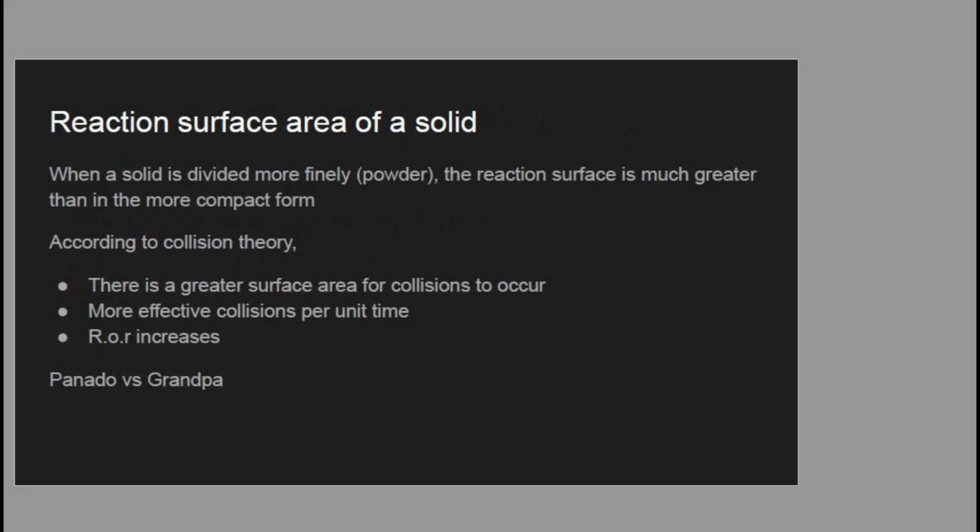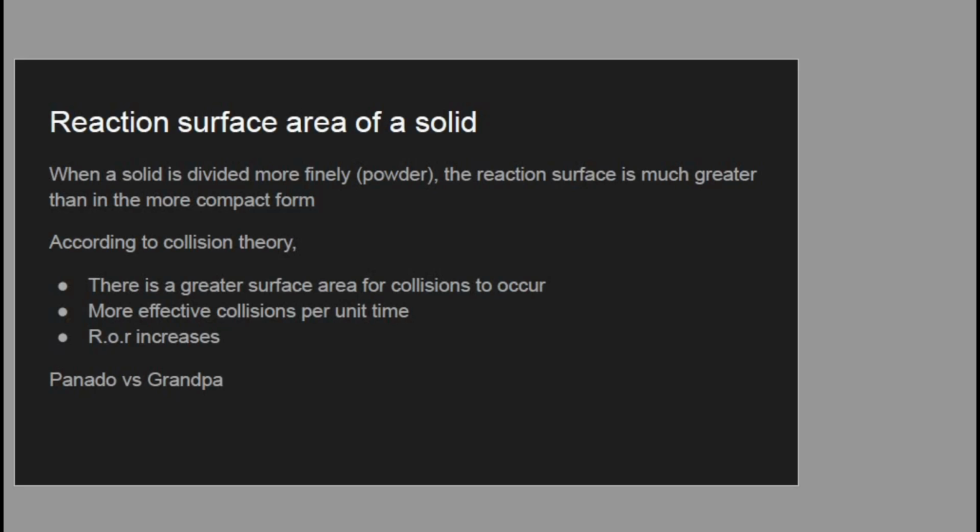The reaction surface area of a solid. Now, when a solid is divided more finely, in other words, if you take a solid and you crush it up nice and fine and convert it to powder form, the reaction surface is much greater than in a more compact form.